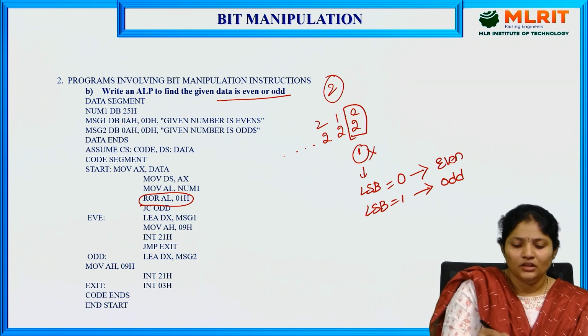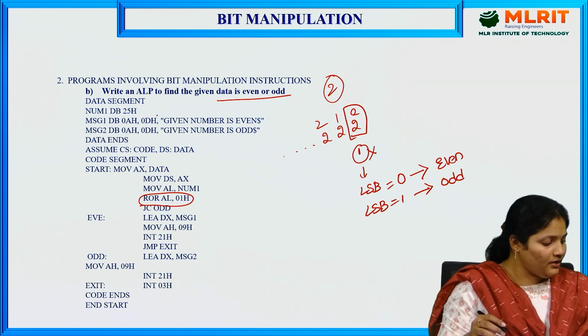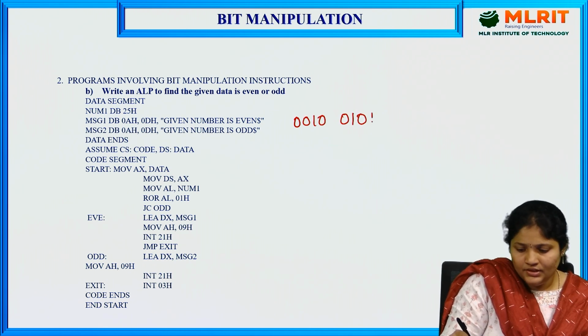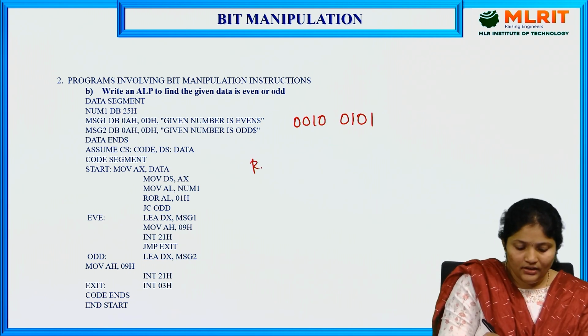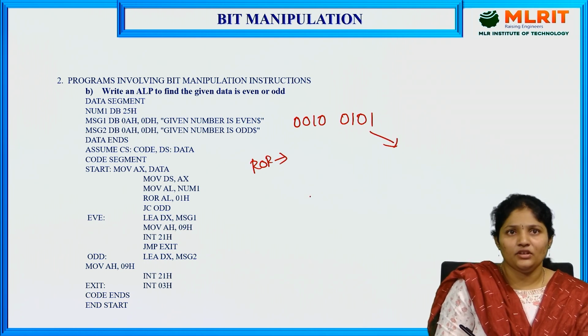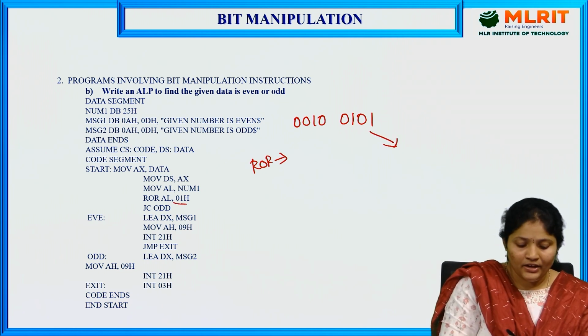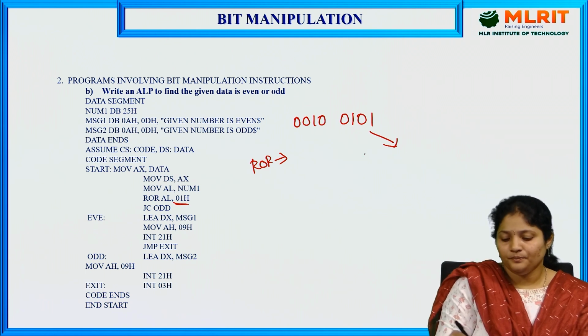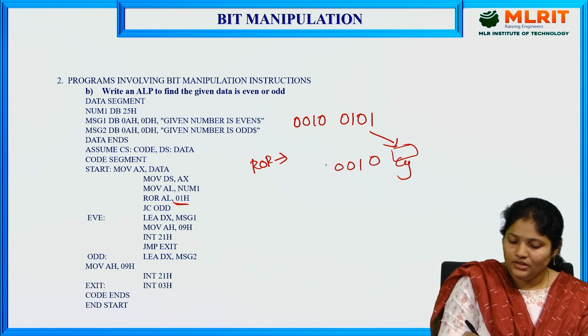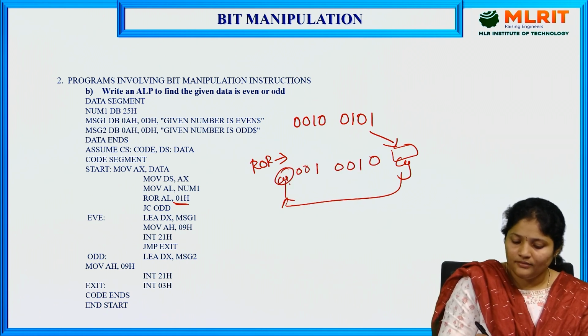Here I have taken 25, which is 0010 0101. Here it rotates right, and I have mentioned only one rotation. The data will be rotated to the right side, the 1 will go to the carry bit, and the remaining bits become 0100 1010, where the top bit depends upon the previous carry.